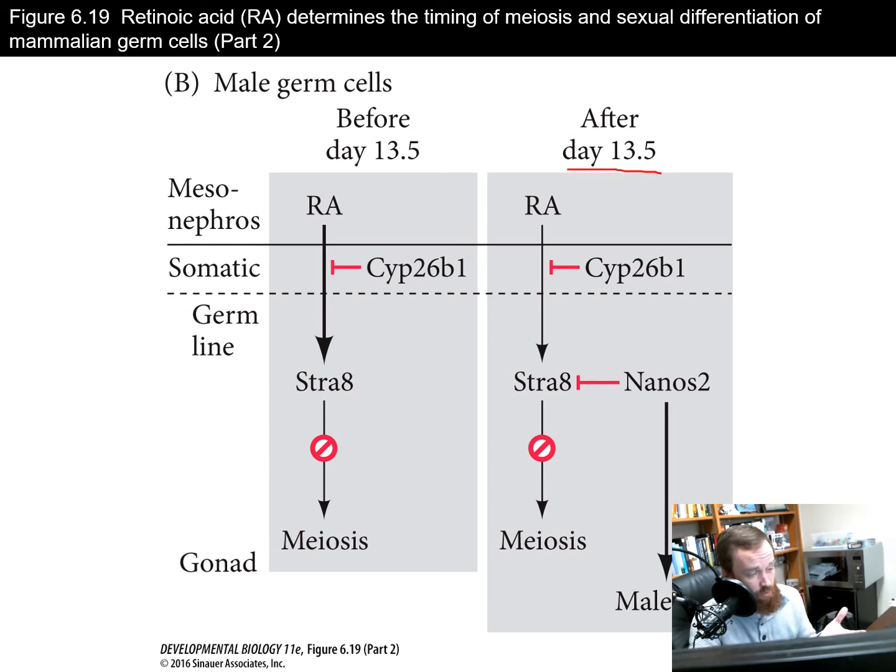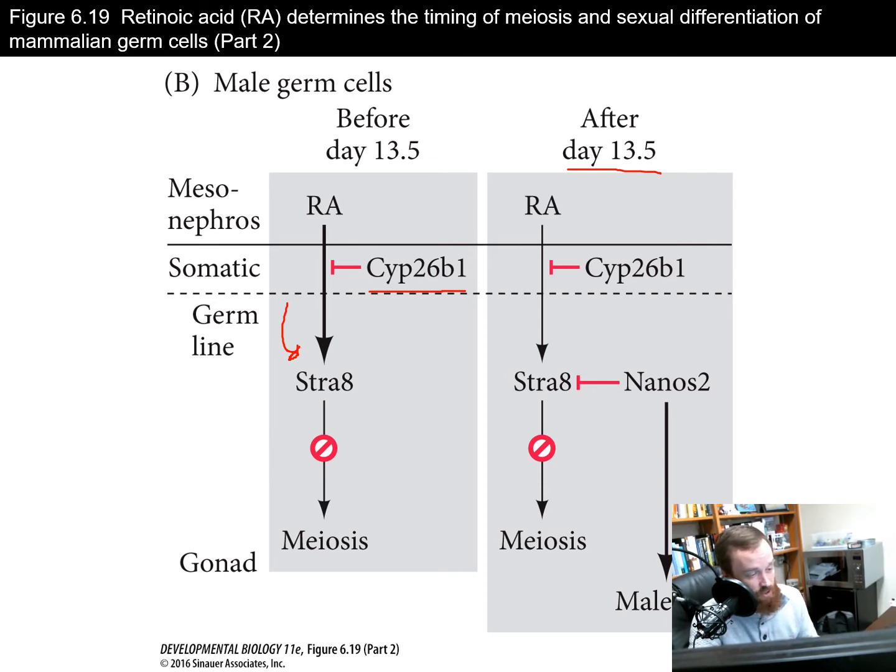Before 13.5 days, there is another gene, CYP26B1, that blocks the RA signaling. It is antagonistic to RA, so we never get induced expression of STRA8.